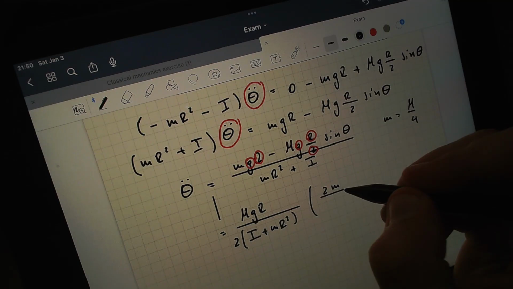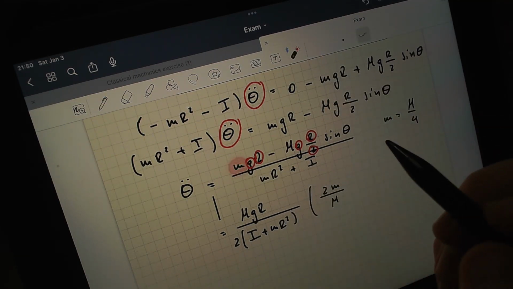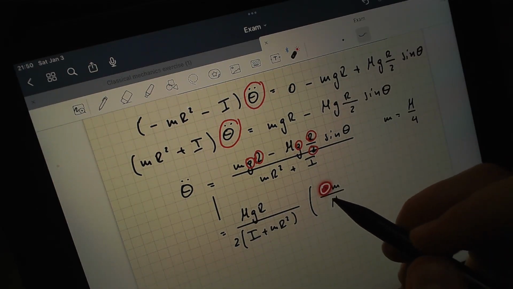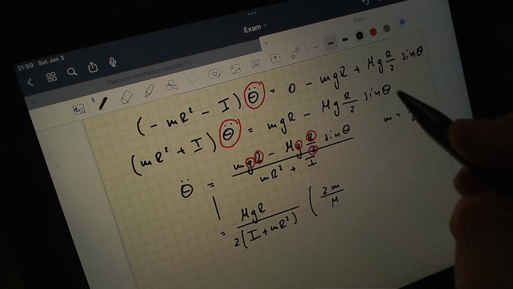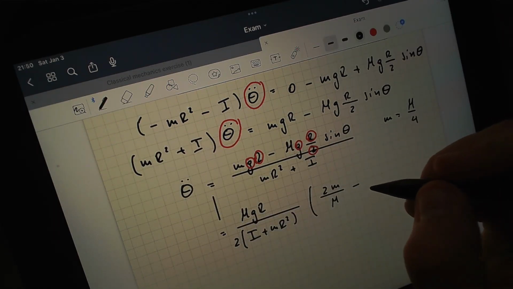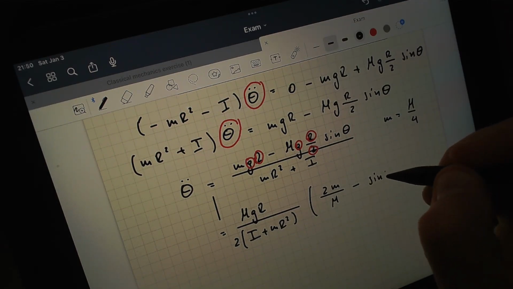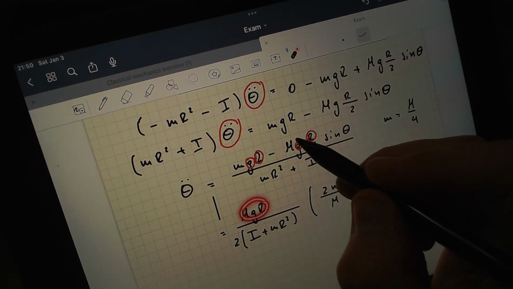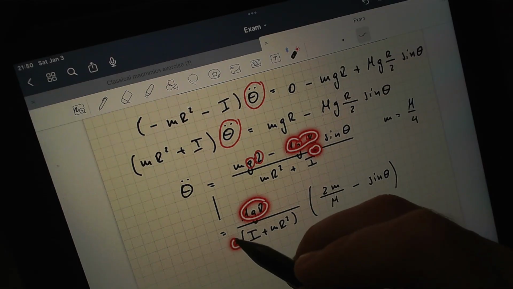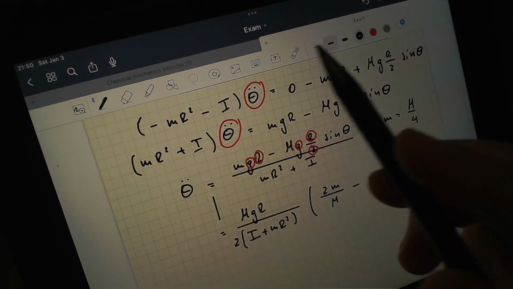Okay, 2m over m, because we have this m from this first term, and 2 and m, which is this m and this 2, and then we have also minus just the sine of theta, because we have mgr, which is mgr, and this 2, which is this 2, so we end up with just the sine of theta minus sine of theta.